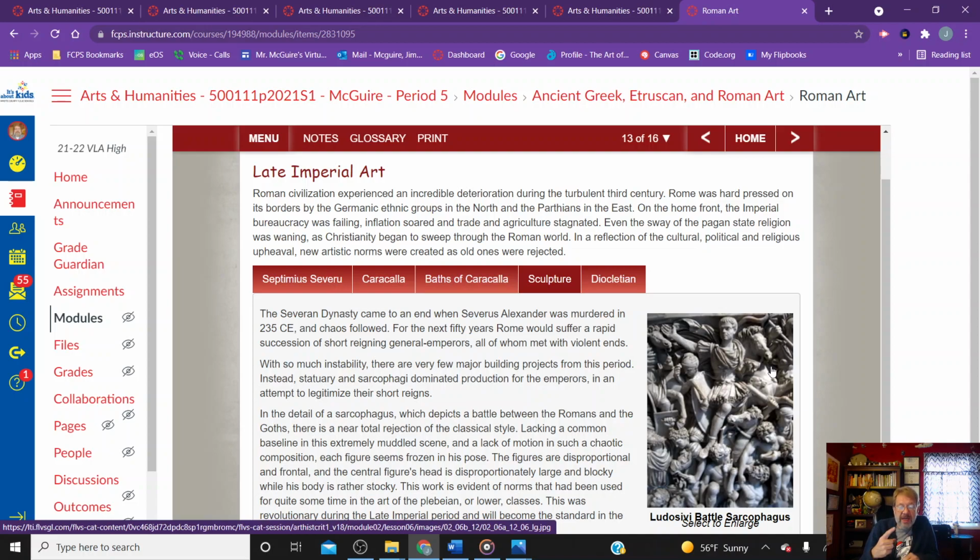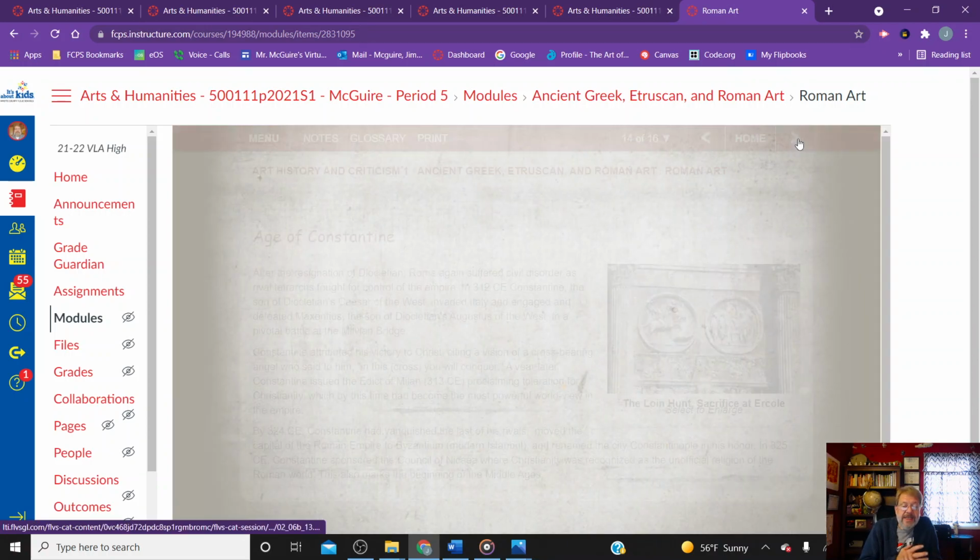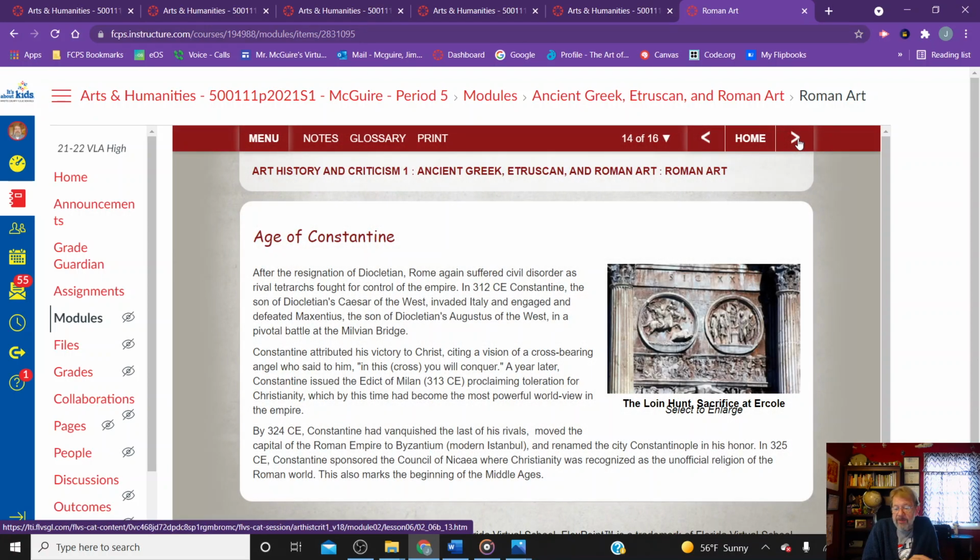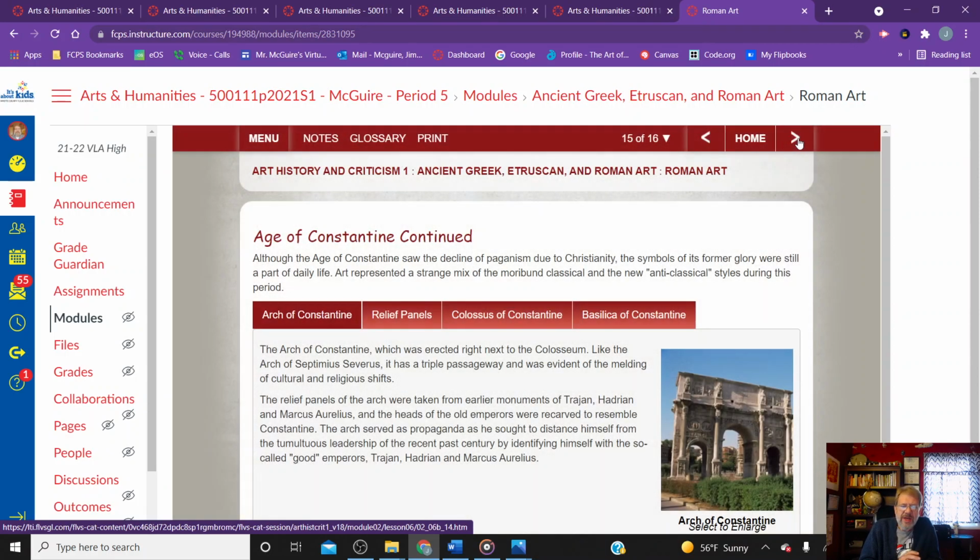I want you to be able to recognize the art, where it comes from, what period, and what is there that's going to help you identify those different periods. The DBA will be quick and easy. You're going to have your study guide in front of you, and you do want to know about the Basilica of Constantine, the Arch of Constantine.